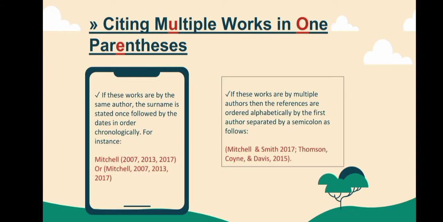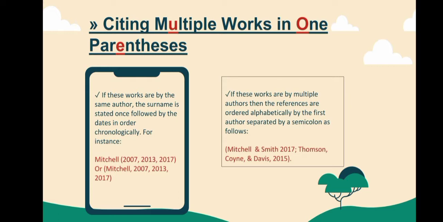Citing multiple works in one parenthesis. If these works are by the same author, the surname is stated once, followed by the dates in chronological order. For instance, Mitchell 2007, 2013, 2017, or (Mitchell, 2007, 2013, and 2017), all in brackets.